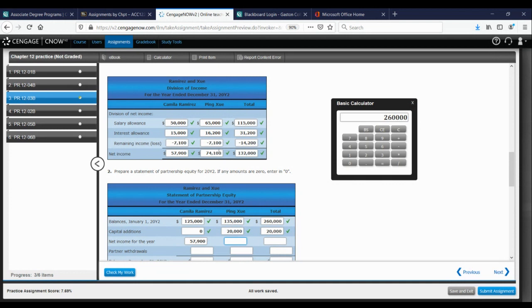For you, 74,100 would go in for the net income that was given for you. Then we're going to total this up, and the total has to be 132,000, which also came off of our income statement.